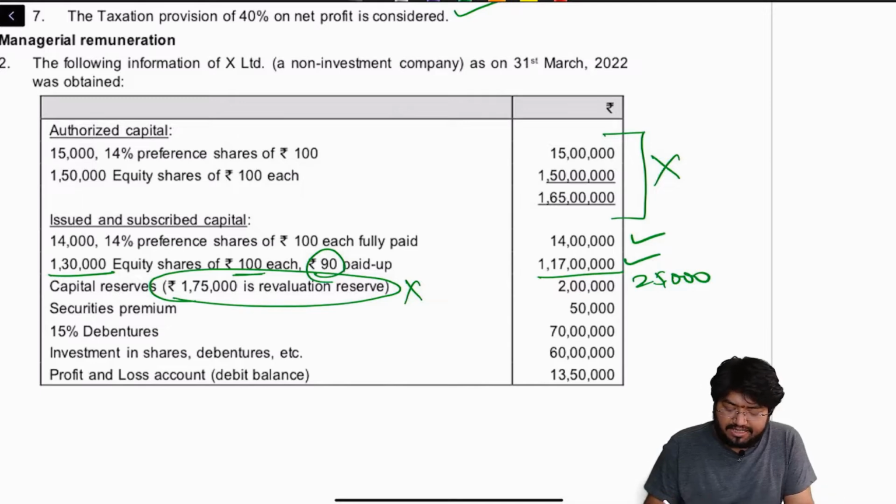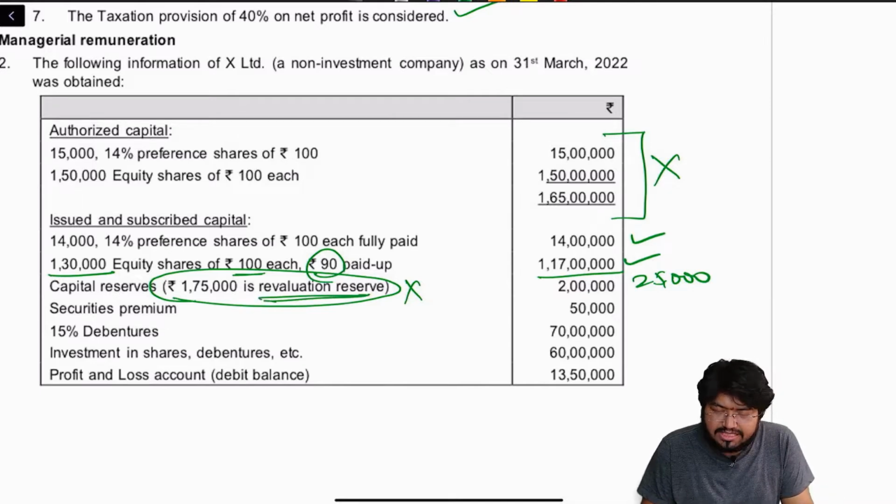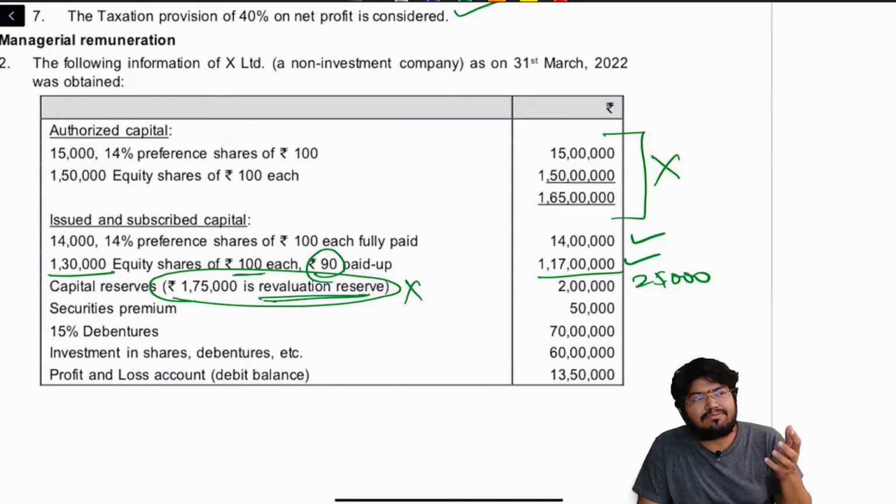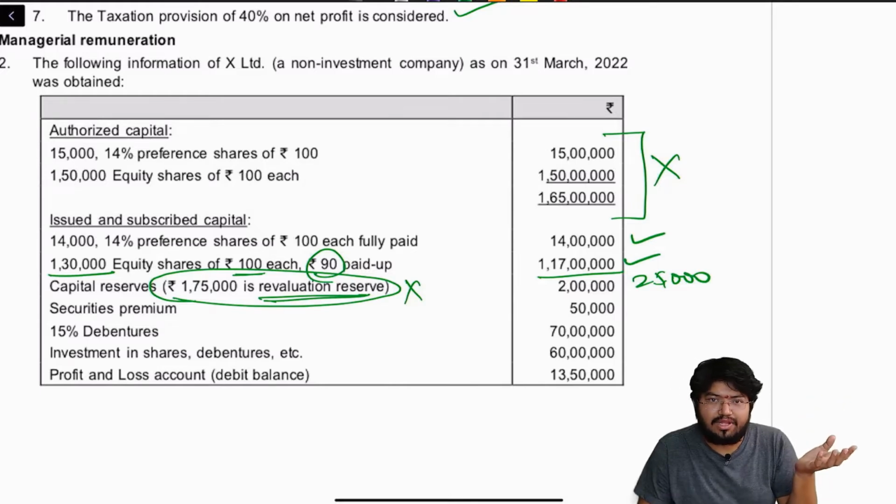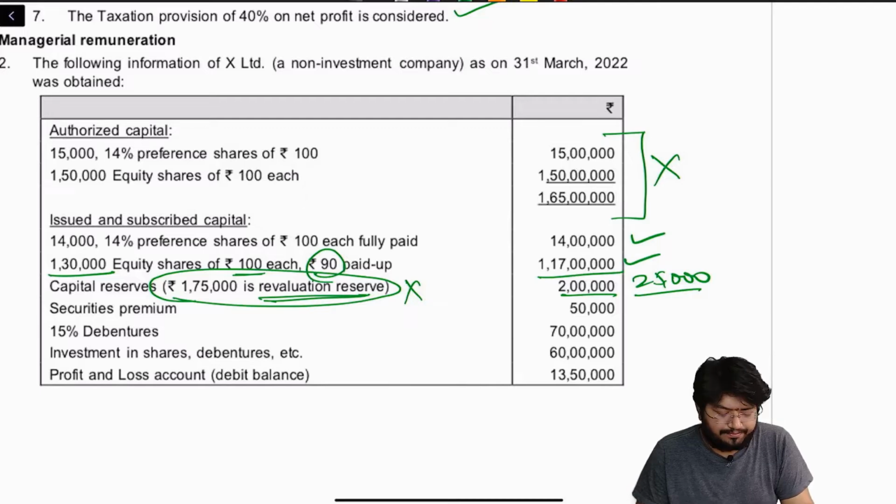That means here revaluation reserve is not cash generated. It is just based on the fair value of the asset. I would increase the value in my books. This is not really something which I have earned, which is not in my hand today. In which case we would not consider this as effective capital. Only the remaining amount would be considered as effective capital. Hence 25,000 only is supposed to be considered. The 2 lakhs will not be considered. Is that clear? Okay, sir.